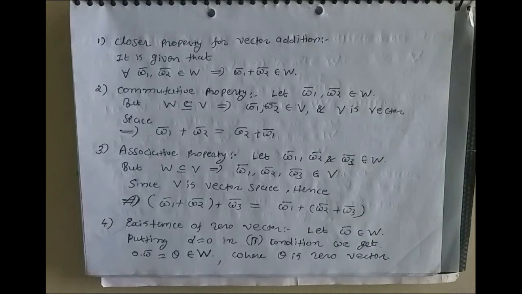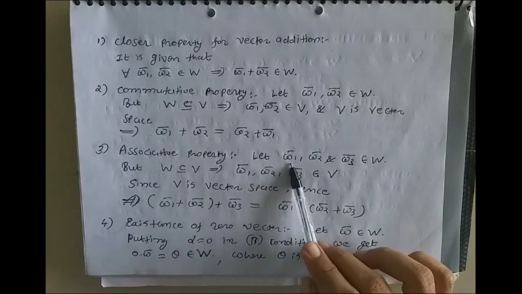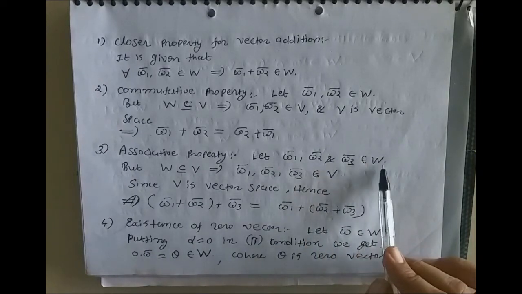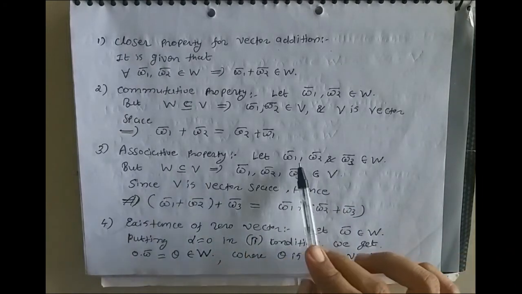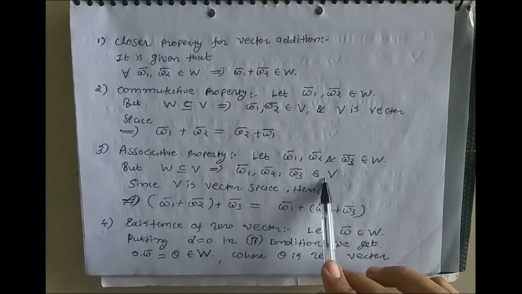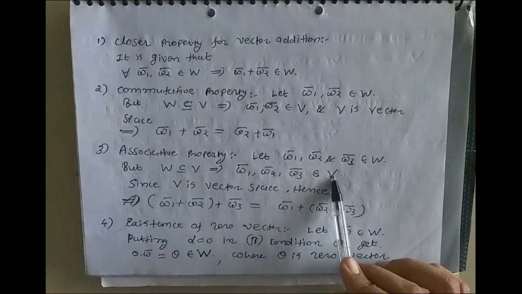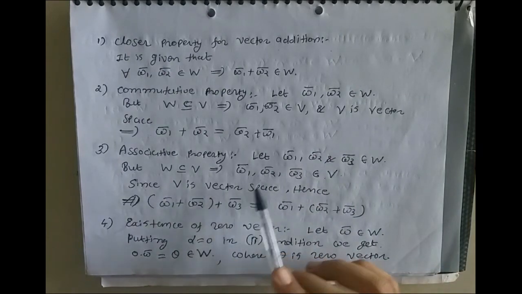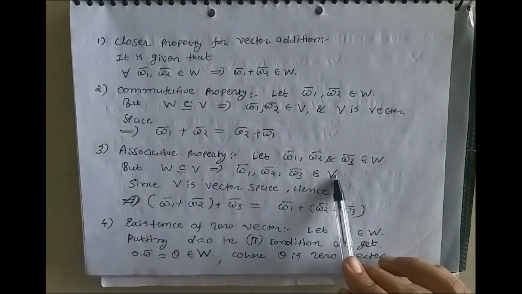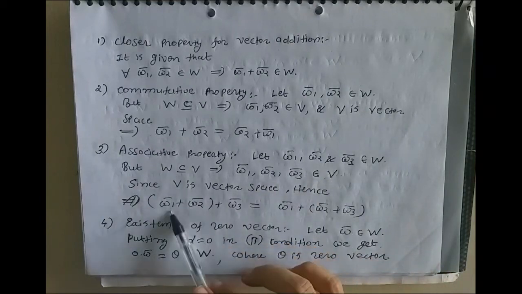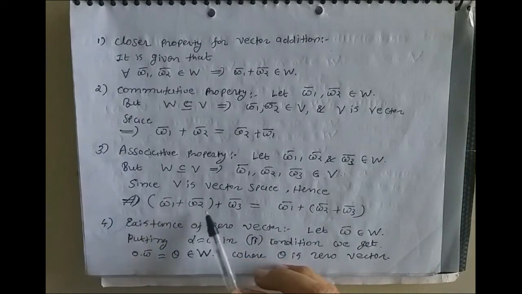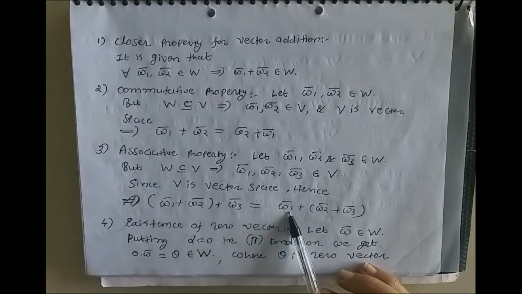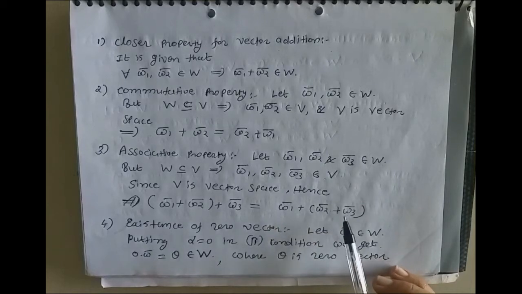Similarly, the associative property. Here we have considered three vectors W1, W2, W3 belonging to W. Now W is a non-empty subset of V, so these three vectors also belong to vector space V. Now V is the vector space and these three elements are from the vector space V, so they satisfy the associative property. So W1 plus W2 plus W3 is equal to W1 plus W2 plus W3.